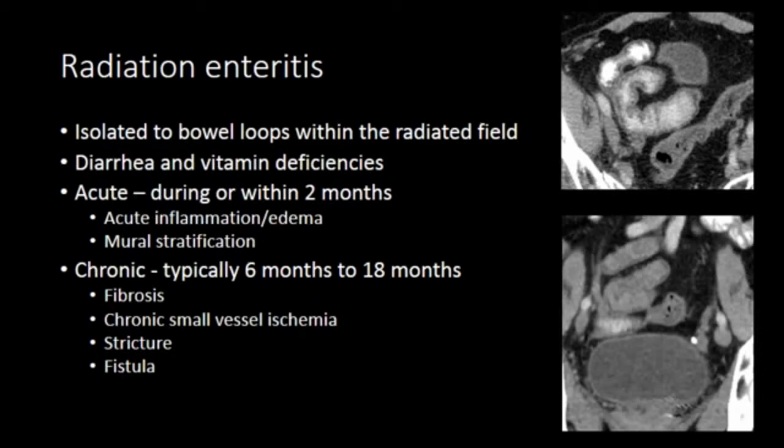And then after the radiation therapy has been terminated, over time, that active inflammation can result in fibrosis and scarring of the bowel, and it can also result in a small vessel vasculitis that causes ischemia. So the chronic manifestations of radiation enteritis tend to be stricture or can even be fistulization with adjacent organs, such as fistulization to the bladder or the vagina or the colon.